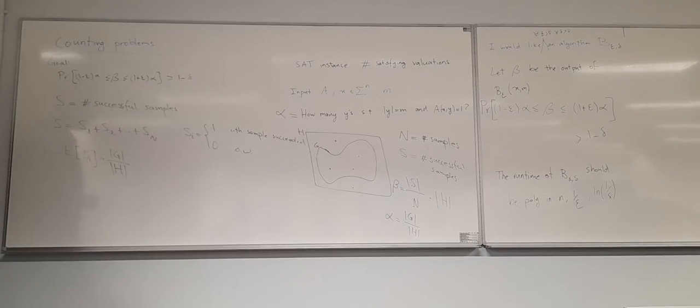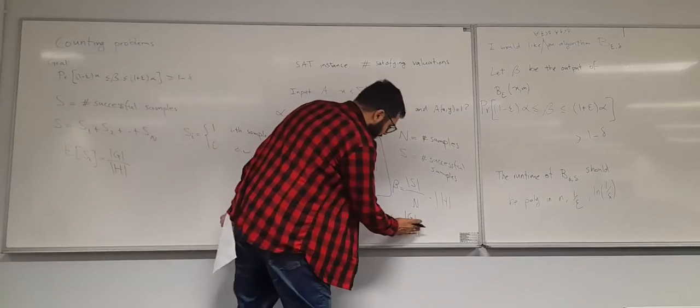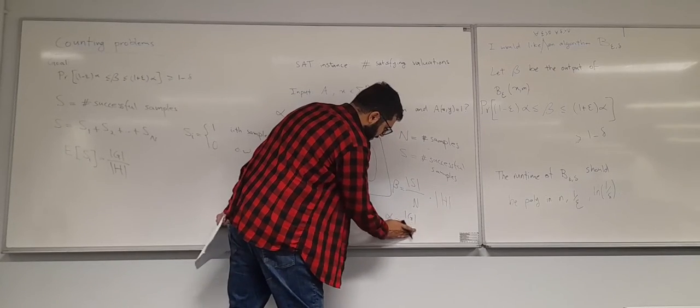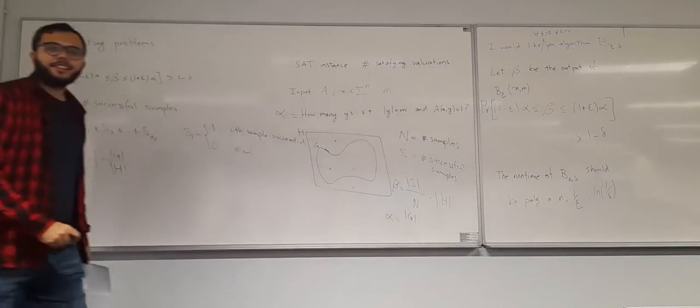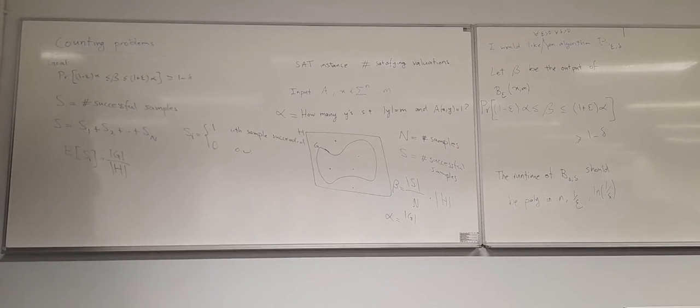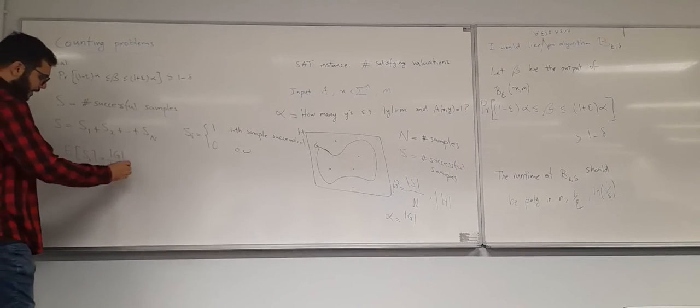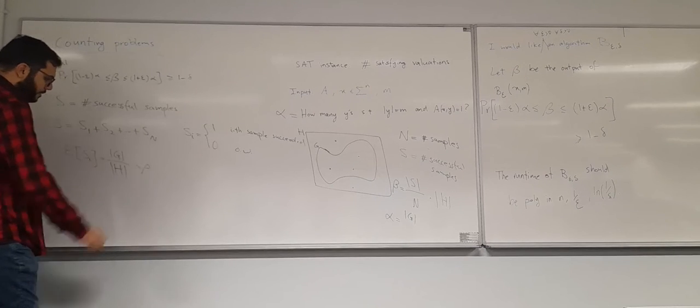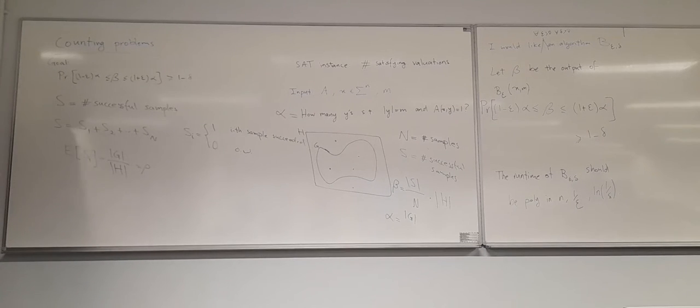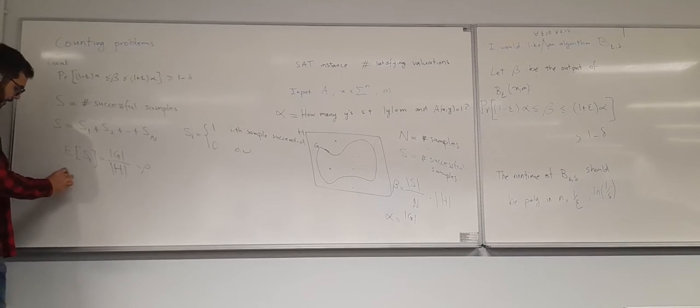Oh, sorry. Your alpha was just the size of G. Okay. Nice. So let's give this thing a name. Let's call this one maybe rho, because I'm too lazy to write size of G over size of H. So now what is the expected value of S?